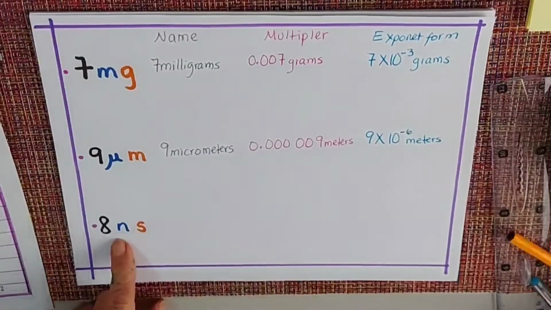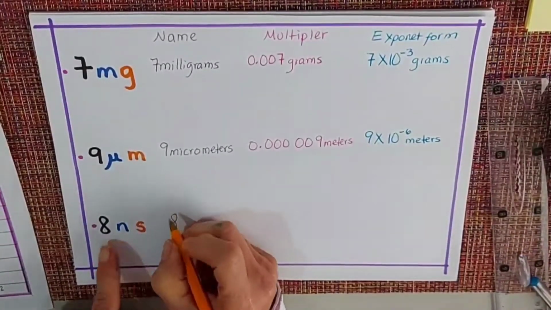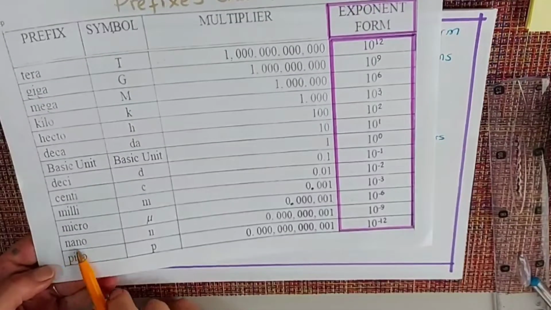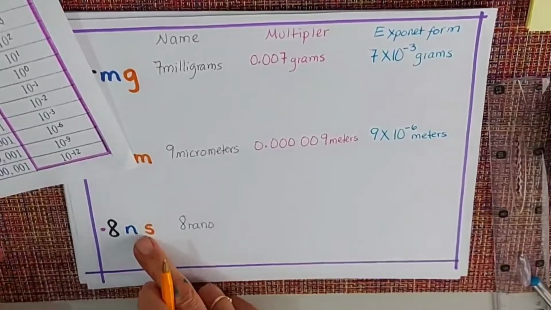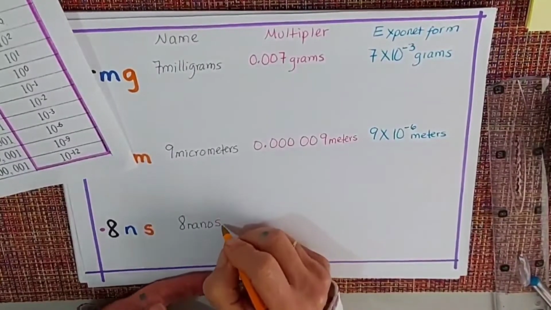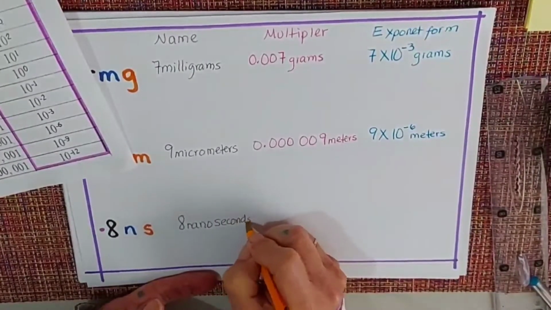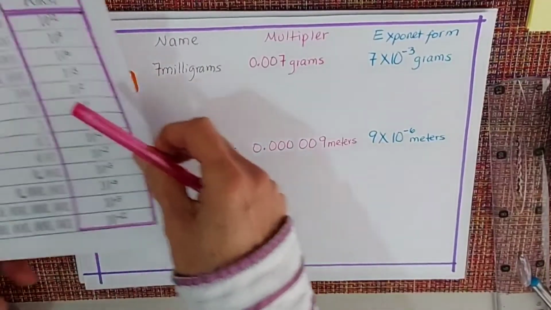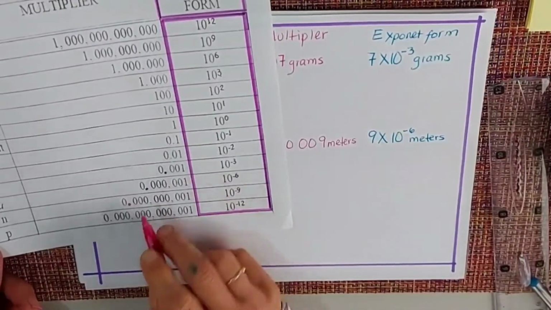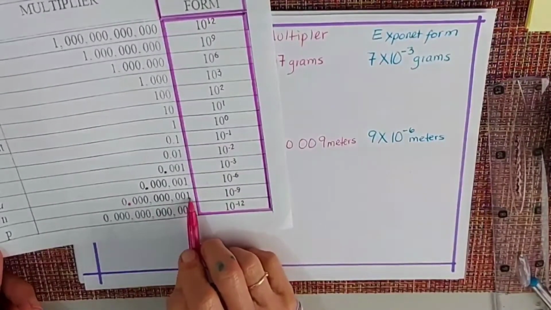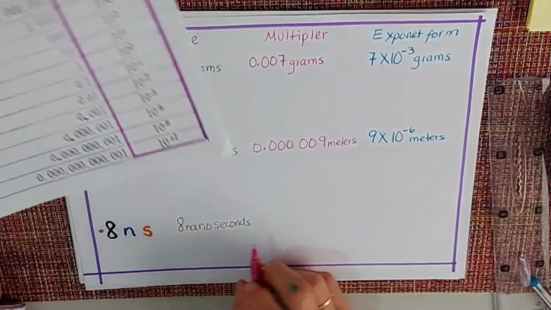And finally, in this example, we have 8, and small n is for nano, and S is for seconds, the name of the unit. Now, in the multiple form, nano is here, and we can observe there are 3, 6, 9 places after the decimal point.